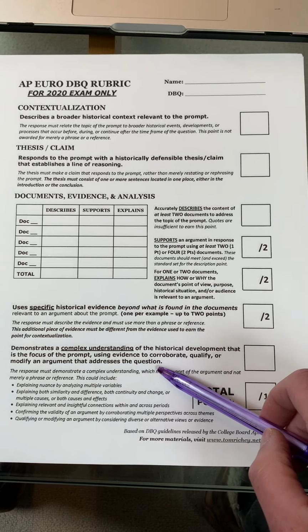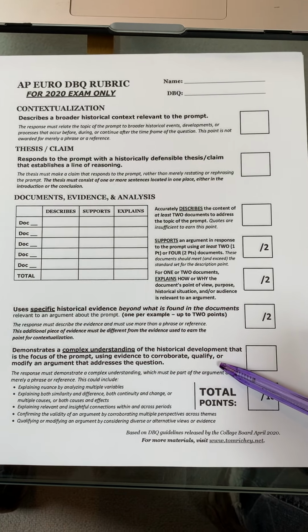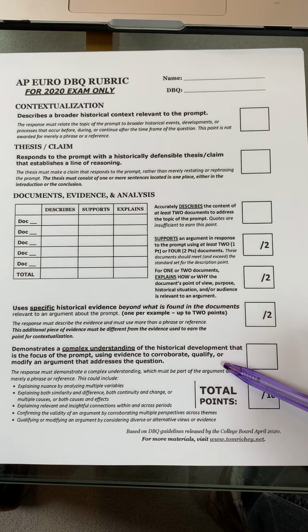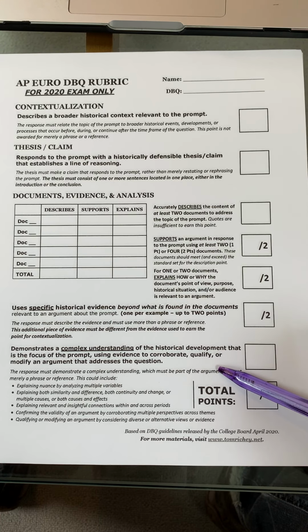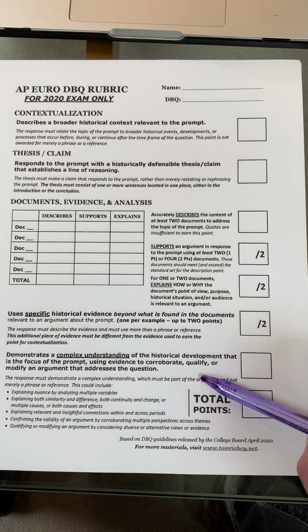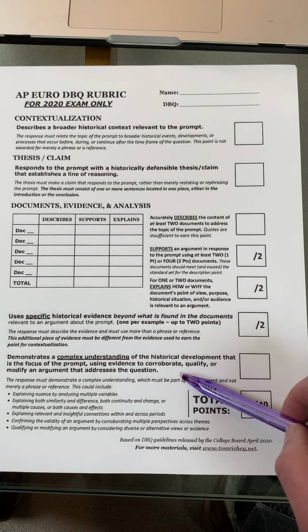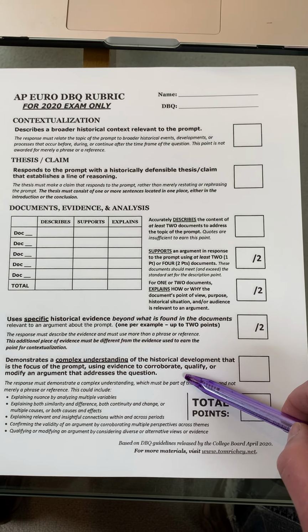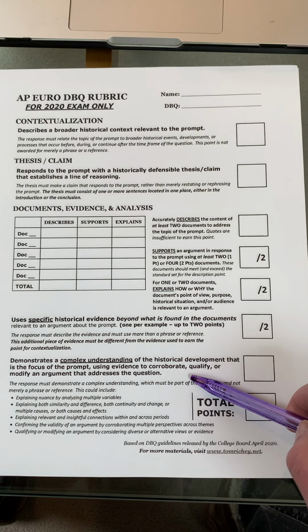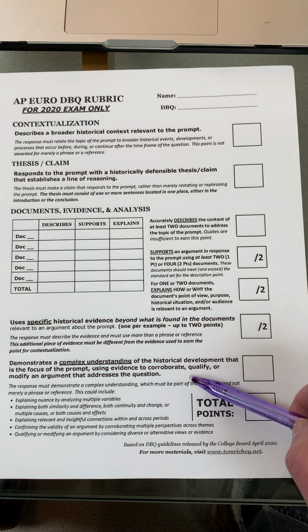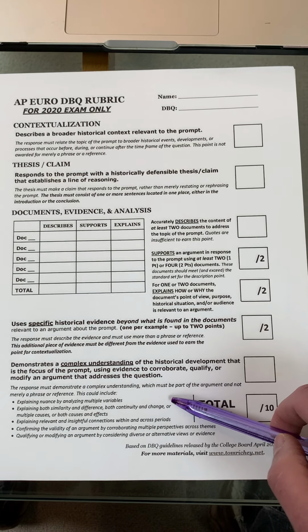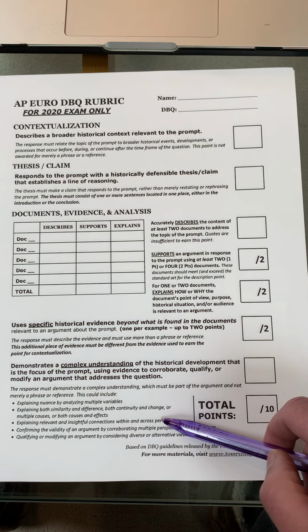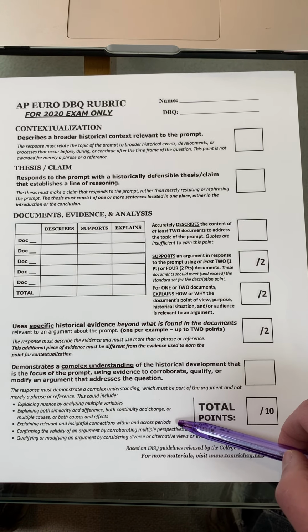And then finally, do you have a complex understanding or a complex analysis? That means, with different documents, do you say this document's similar to the last one, or it is different than the last one, or are you making connections between different periods?